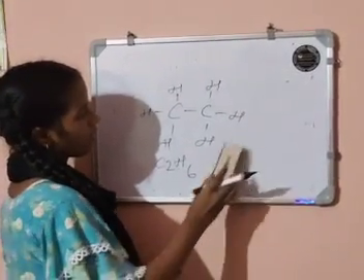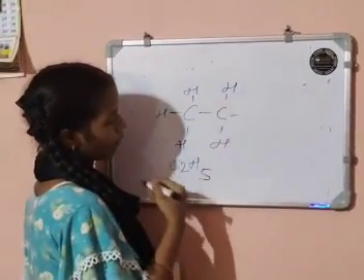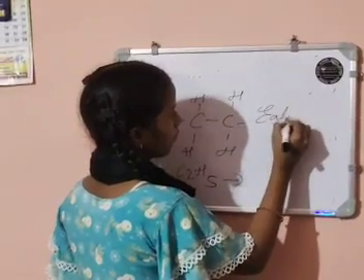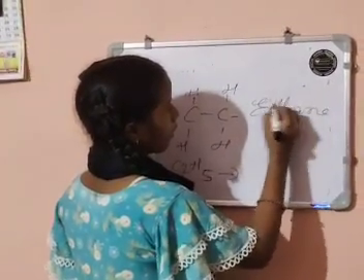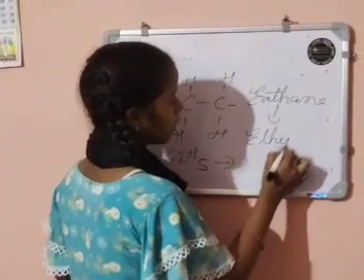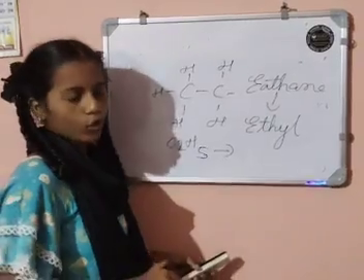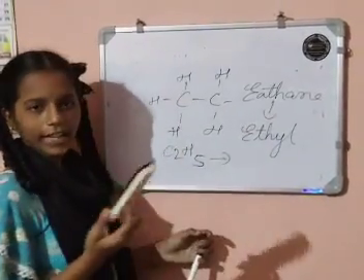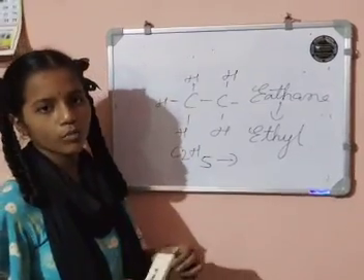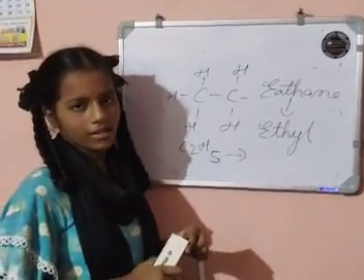If one hydrogen is left, C2H5, means ethane moves to ethyl. It belongs to the alkyl groups. It is one of the compounds like this. Like this we have 18 groups. We will learn about these in our future classes.